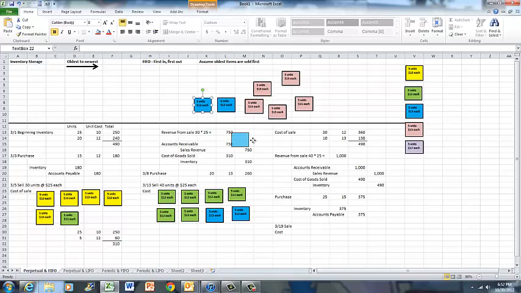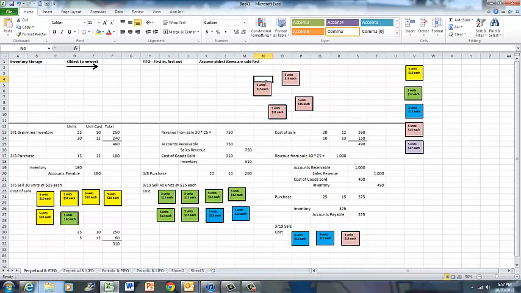Well, our oldest units are the $13 units, so we take them out of our inventory storage and physically give them to the customer. But we give 10 of the $13 units, the 10 we have left, and the customer says, "Can't you count? I wanted 20." So we take another 5 from the $15 pile and another 5 from the $15 pile.